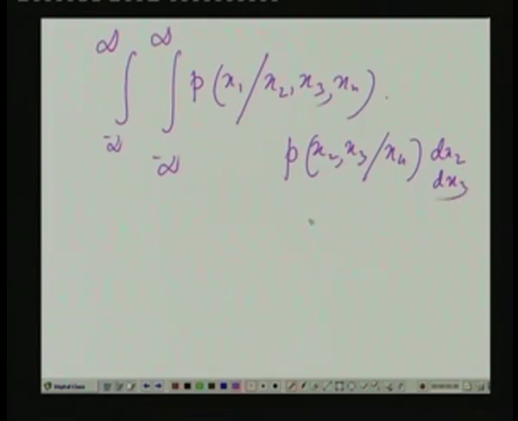What do you get? Think for a minute. What do you get? Its purpose I will tell later, but suppose you carry out the integral like this. Well, you can write like this.